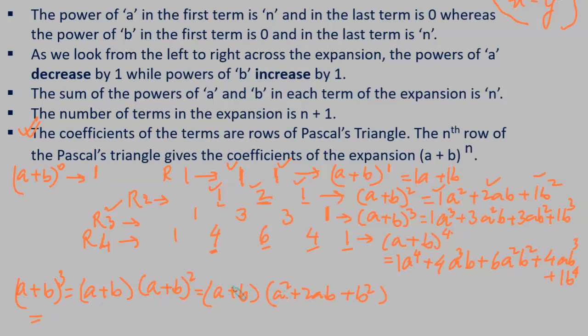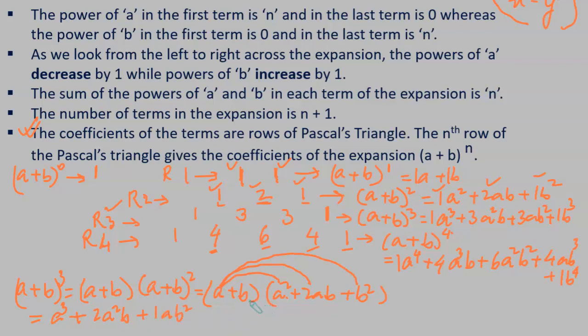A times a square is a cube, which is 1 times a cube. A times 2ab is plus 2a square b, and a times b square is 1ab square.